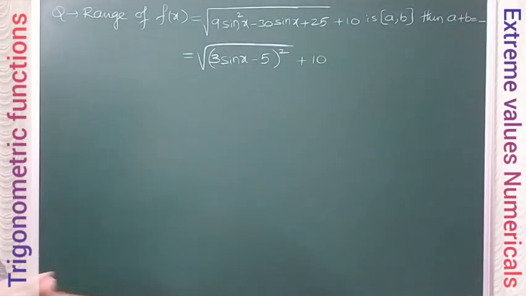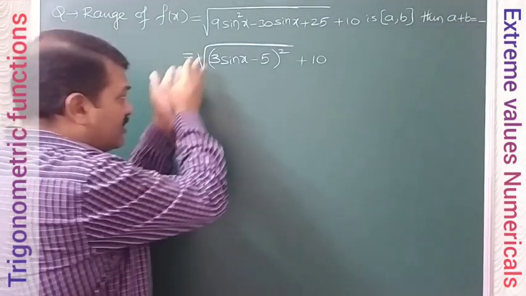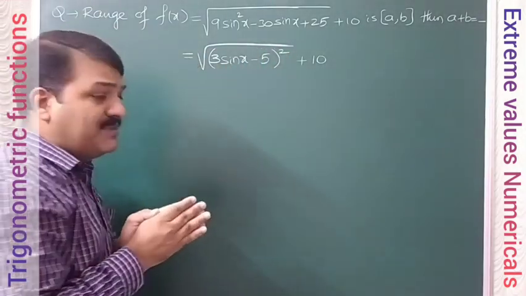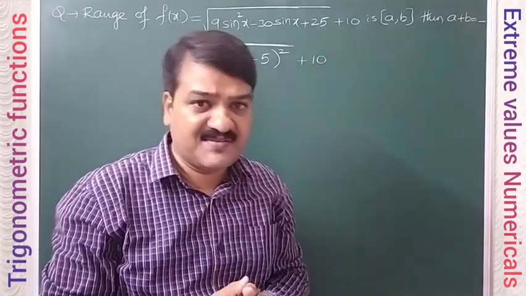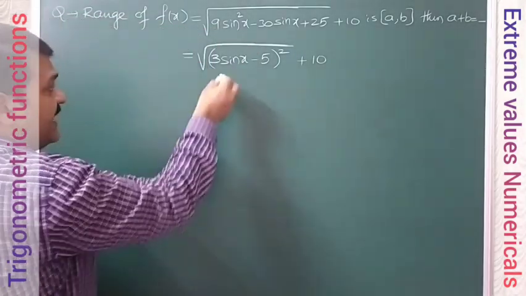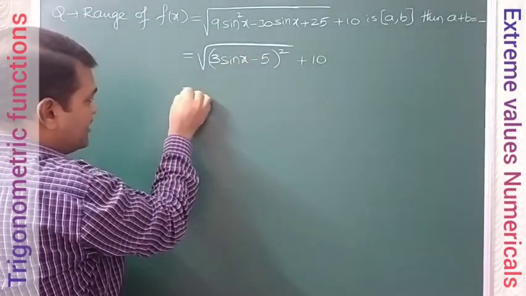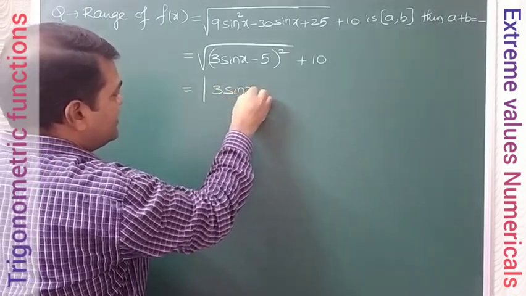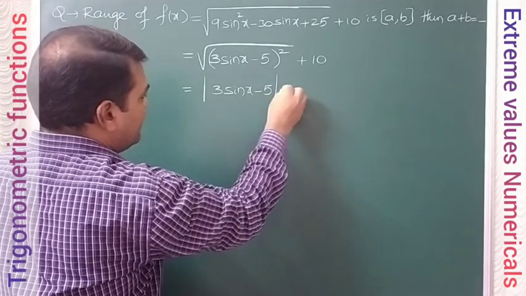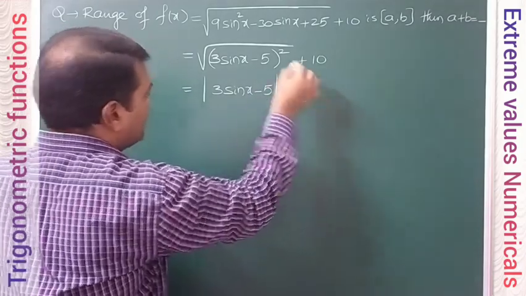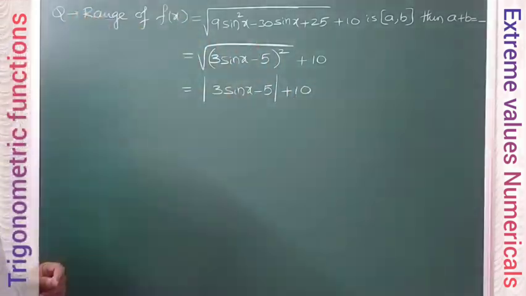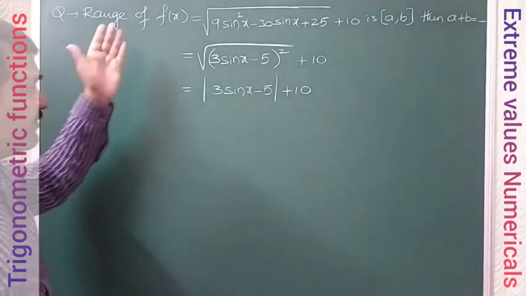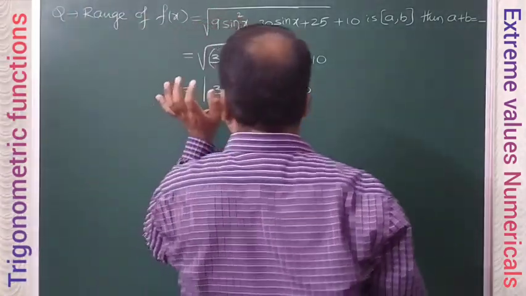Now 3 sin x minus 5 whole square in square root. So the square root of 3 sin x minus 5 whole square can be plus or minus of 3 sin x minus 5, which we can also write as modulus of 3 sin x minus 5, plus 10. So this is f of x. Now the range of f of x will depend on this term.